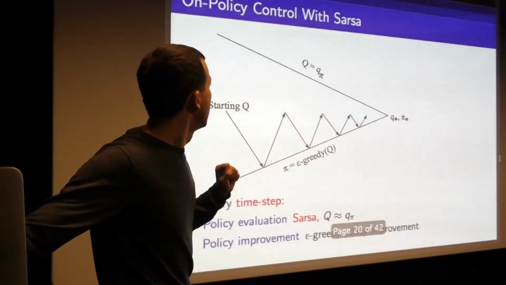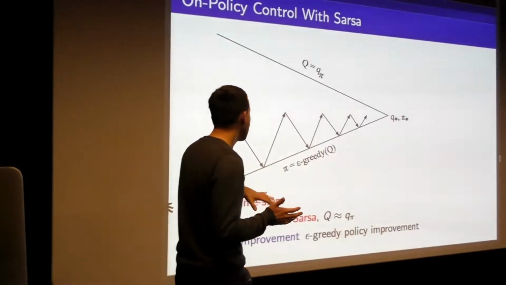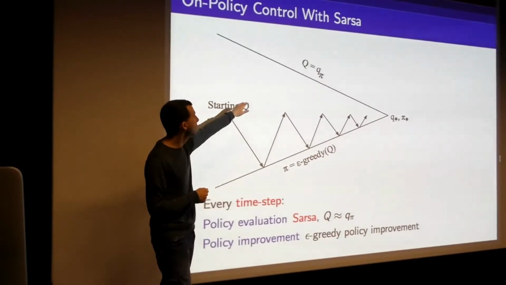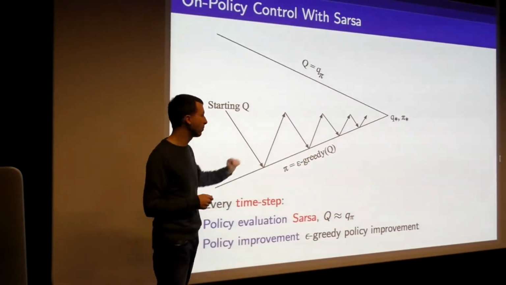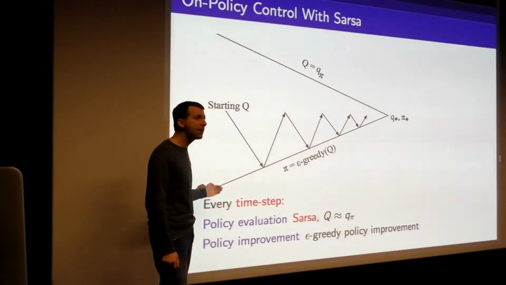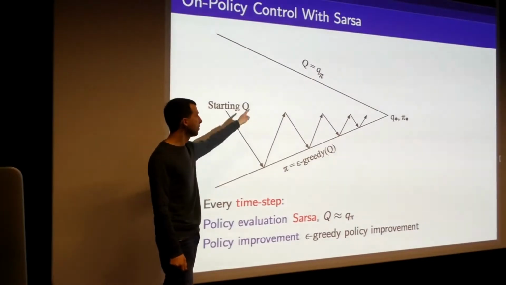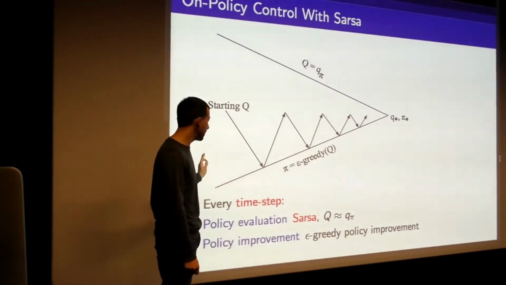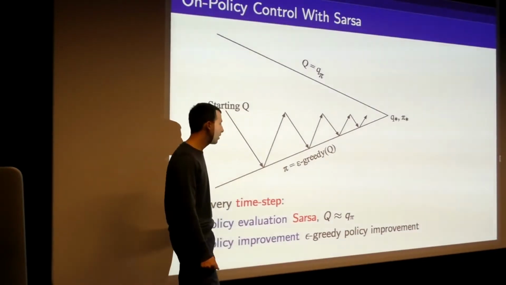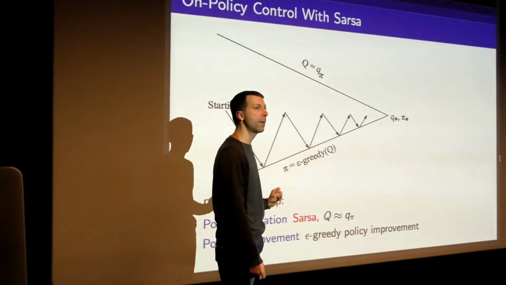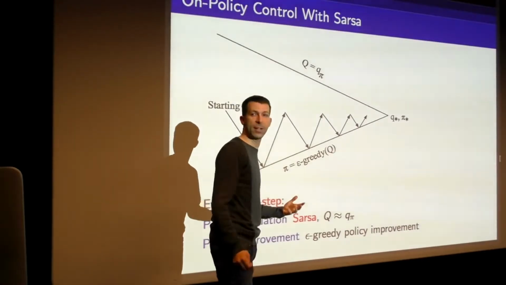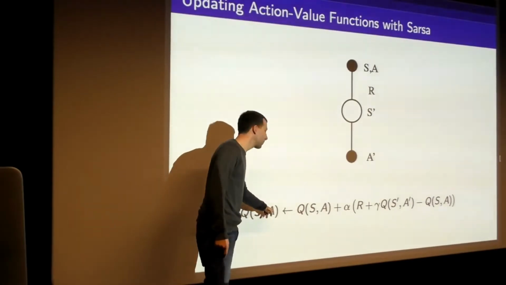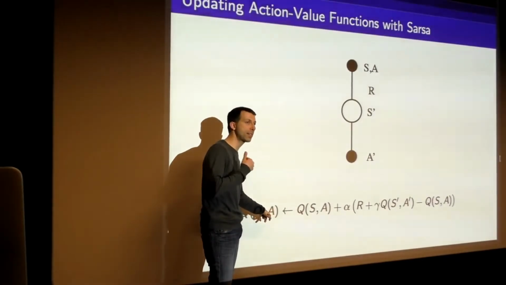Now we're going to take these SARSA updates and plug them into our generalized policy iteration framework. Every single time step, we're going to move up and down in this diagram. Each time we take a step, we update our value function by applying one step of SARSA. For the state and action that we were just in, we're only updating the value function for that one state action pair at that time step.